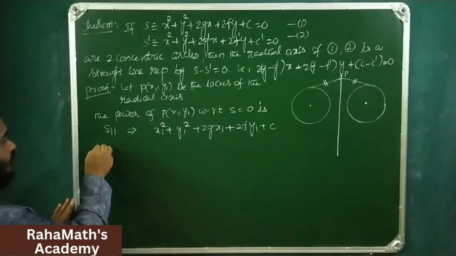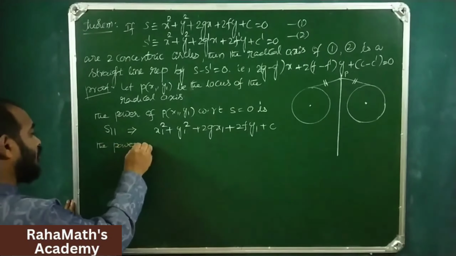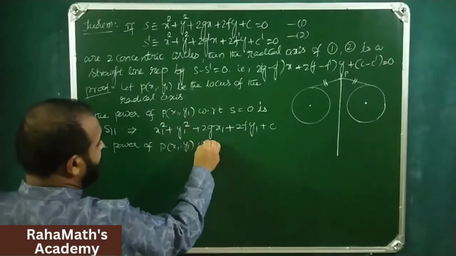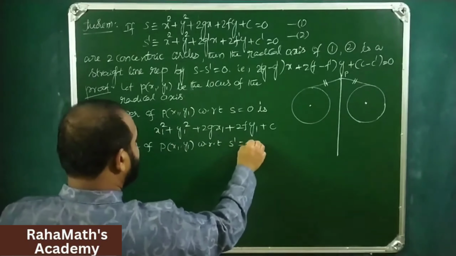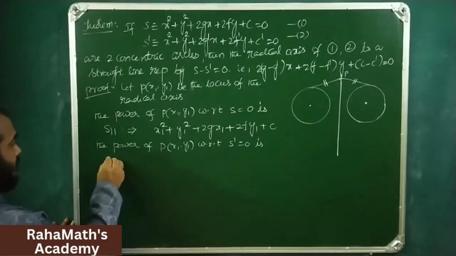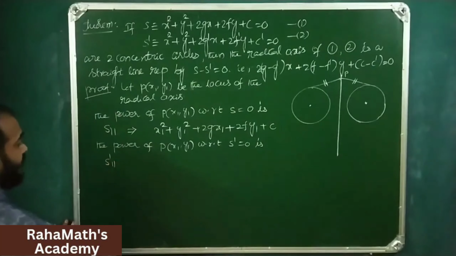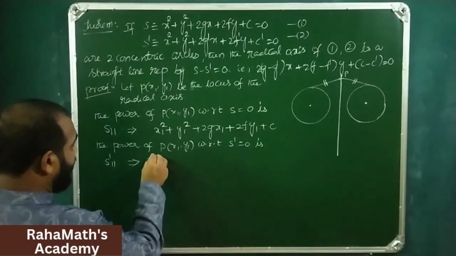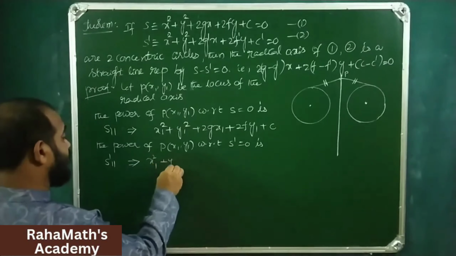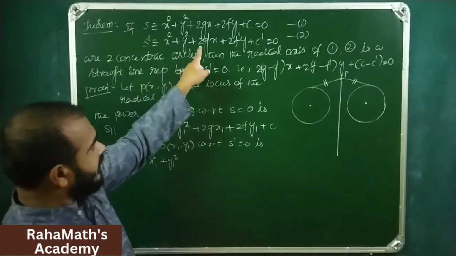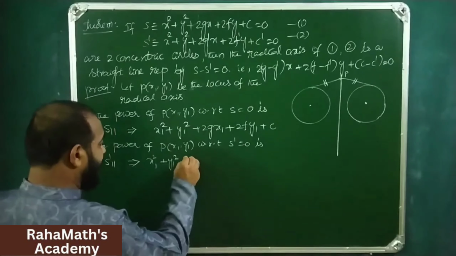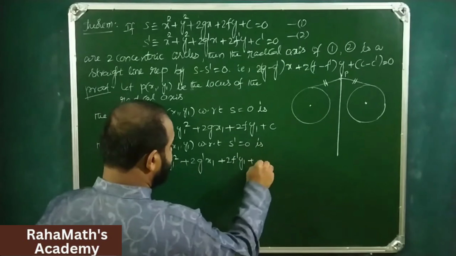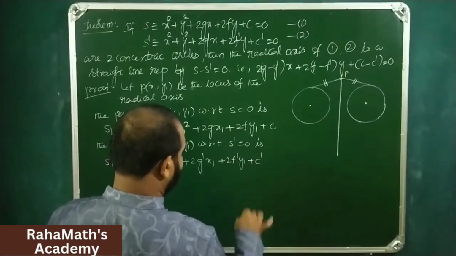And the power of P(x1, y1) with respect to S dash equals 0 is S dash 1, so simply substitute x1, y1: x1 square plus y1 square plus 2g dash x1 plus 2f dash y1 plus c dash.